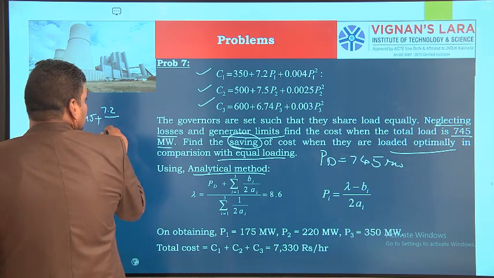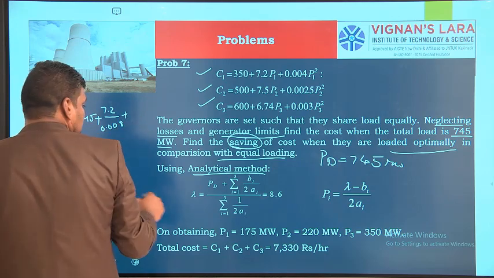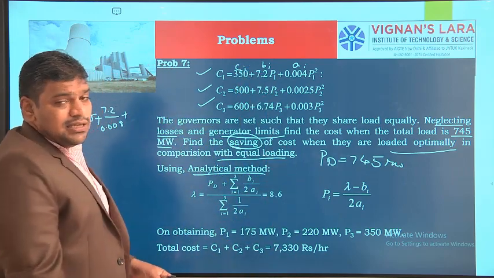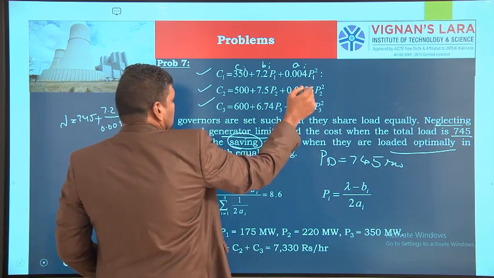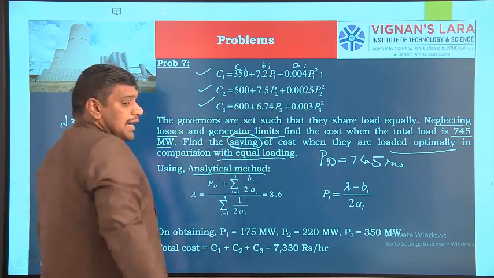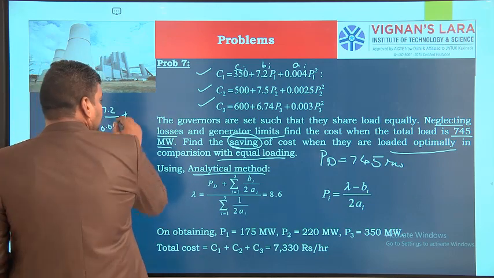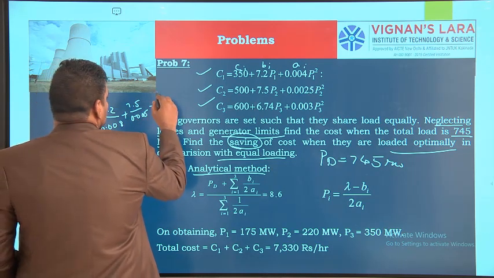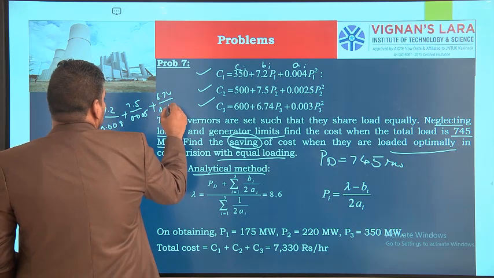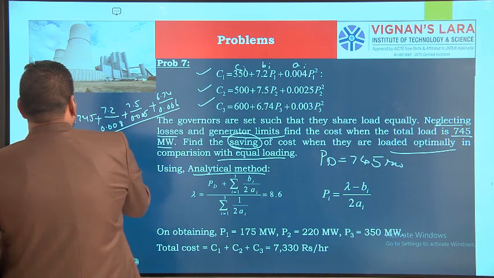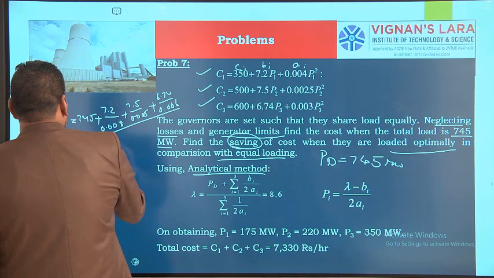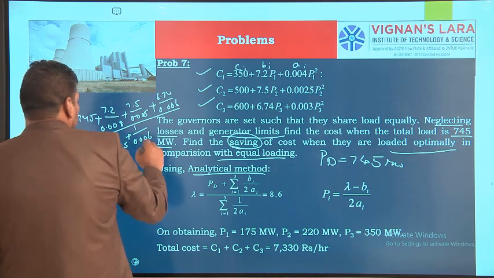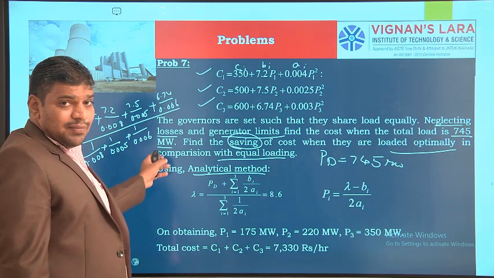So it is 7.2 by 0.008, plus B2 by 0.005, plus 6.74 by 0.006, divided by 1 by 0.008 plus 1 by 0.005 plus 1 by 0.006, that is 1 by 2A1 plus 1 by 2A2 plus 1 by 2A3. AI, BI, CI are the cost coefficients: this is A1, A2, A3, similarly B1, B2, B3, C1, C2 and C3.